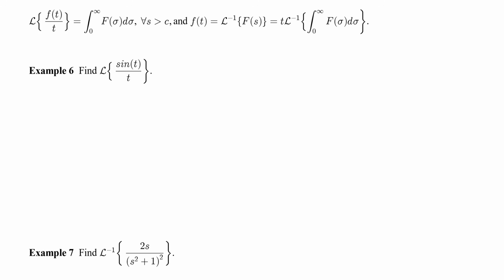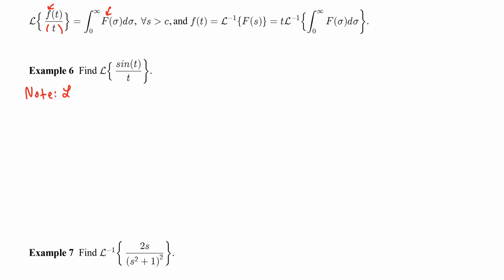We have the Laplace transform of sine of t divided by t. First thing I want you to notice in this formula is that little f has turned into big F. That means I have found the Laplace transform of little f. And I'm not looking at this denominator at this point, right? So let's take care of that first.